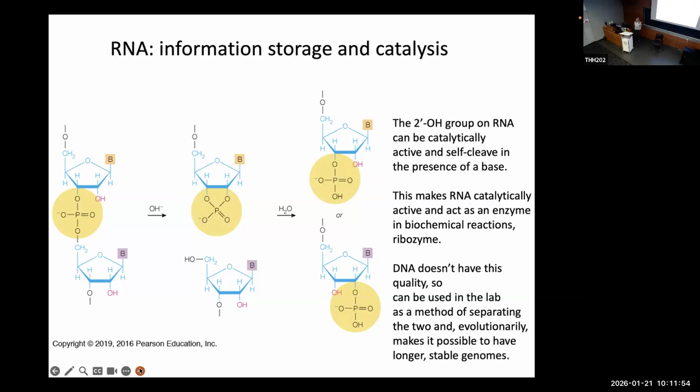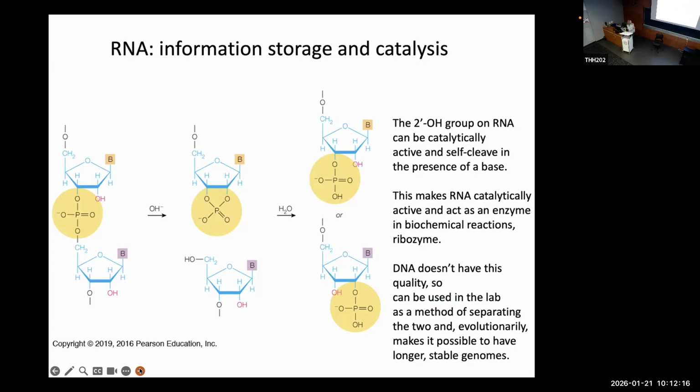Okay. What happens then is that this phosphate can only have so many bonds. And so it drops the bond with the hydroxyl group in the neighboring nucleotide. And so now that RNA is cut in two pieces at that location.